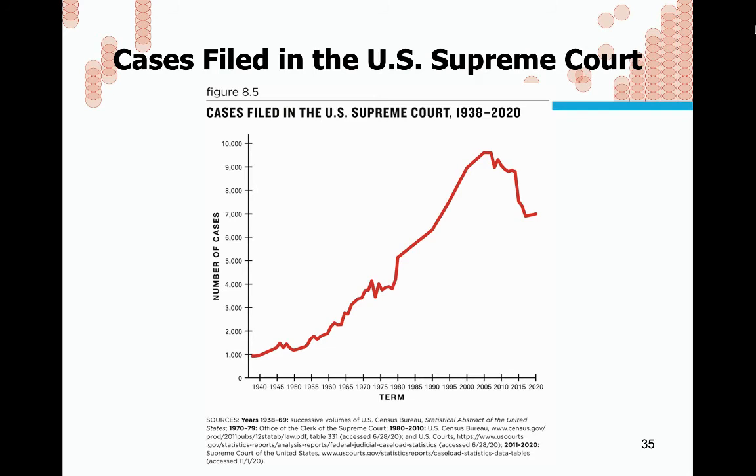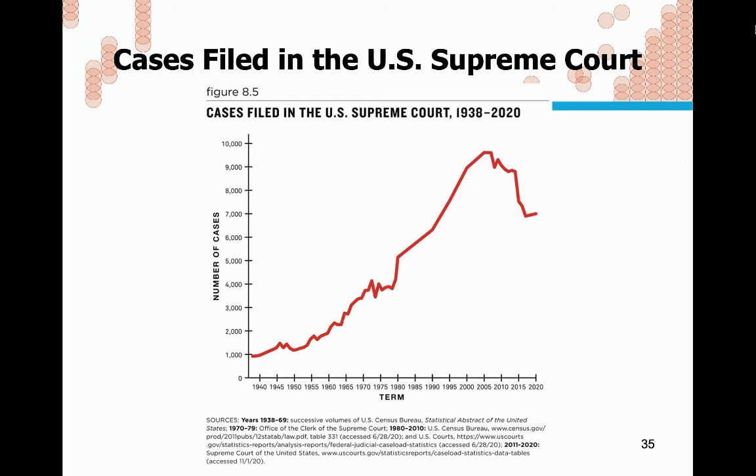Cases filed in the Supreme Court, you can see that since the interwar period before World War II, the number of cases filed in the Supreme Court has gone up. You can argue that judicial review and a greater dependence upon it and greater politicization of the court system has been responsible for this. You see a dip in recent years.